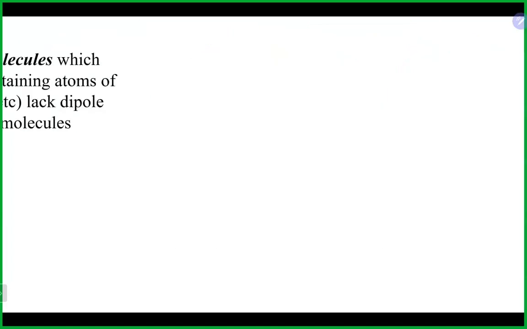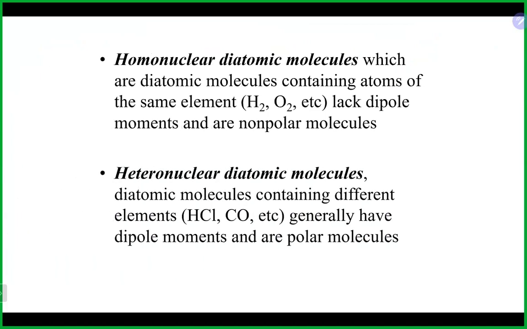So let's talk a little bit about how we can determine if a molecule is polar or nonpolar. The easiest ones to determine are diatomic molecules. And diatomic molecules are the only place where bond polarity, and if you're not sure what I'm talking about with bond polarity, that's when we did our difference in electronegativity values, right?